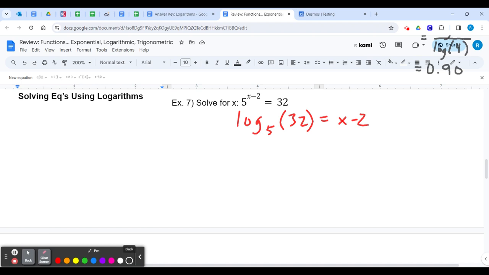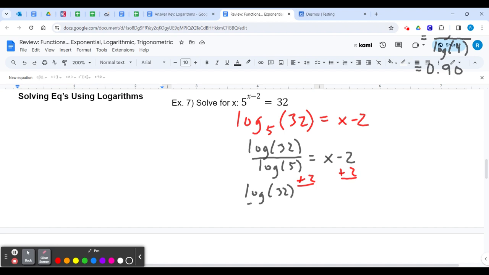If I use my change of base here, this would be log of 32 divided by log of 5 equals x minus 2. I can either evaluate that number and add 2 to it, or I can leave it like this for now, which I will, just so you can see how this works. I'll add 2 to both sides, so then we get log of 32 divided by log of 5, plus 2, equals x.